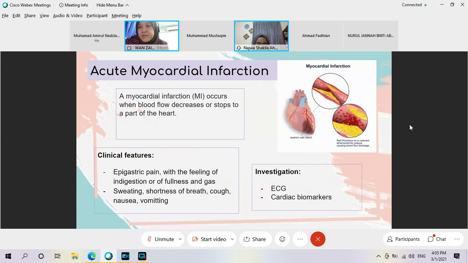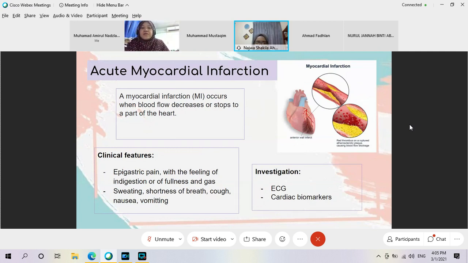Plural. Creatine kinase. Creatine kinase. Lagi? Is it important to diagnose AMI? Yes. Kan? It should be at the fingertips.